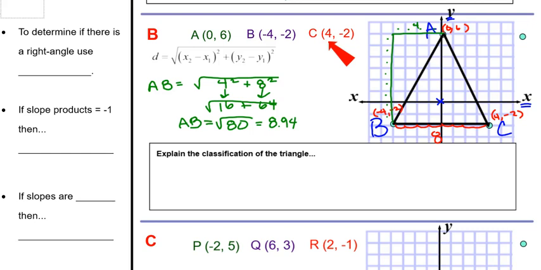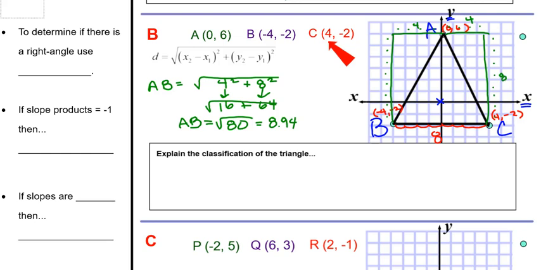Then, when I want to do the other side, I draw my triangle, and if I count my spaces, 1, 2, 3, 4, and 1, 2, 3, 4, 5, 6, 7, 8, I get the exact same numbers.